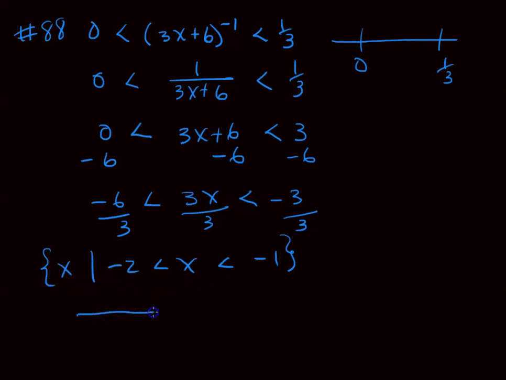For the graph, we've got a -2 and a -1, open circle and everything in between. And therefore it's parenthesis, -2, comma, -1, parenthesis. You should be able to do these. We'll see you in the next section.